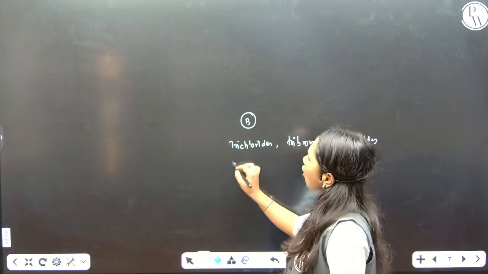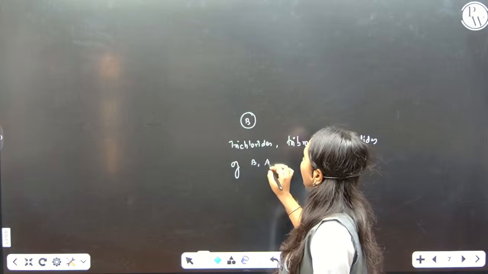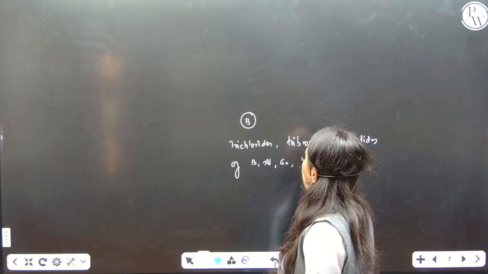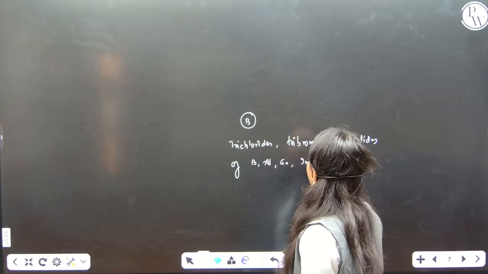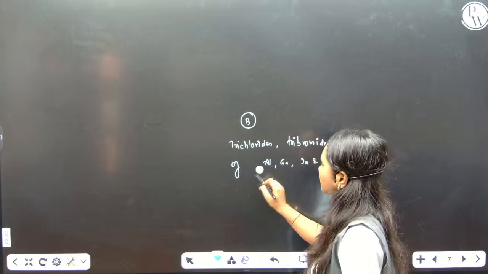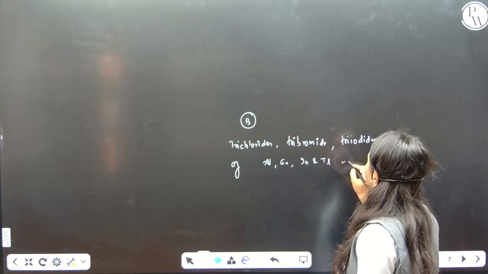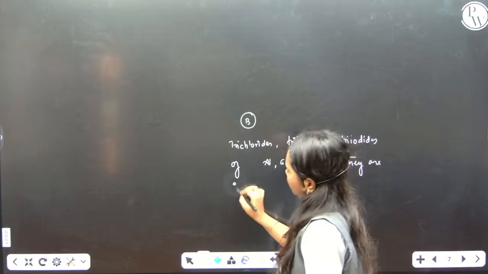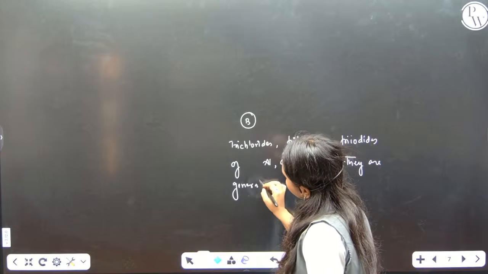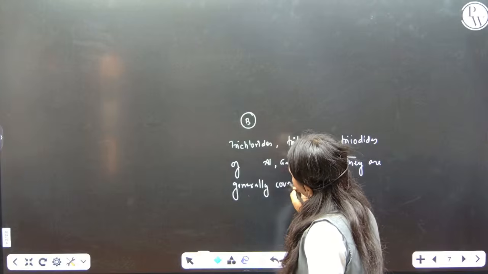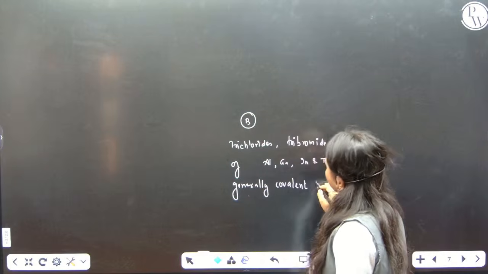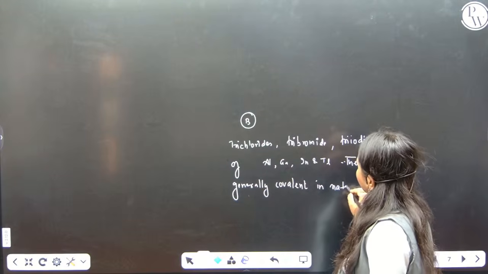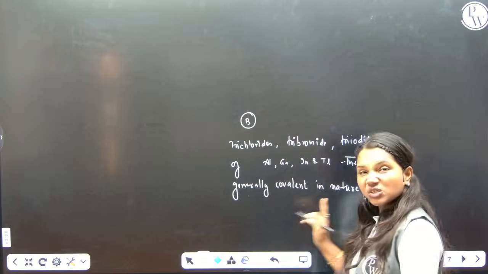They are generally covalent in nature. That is the first point.